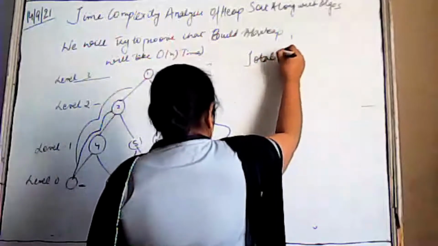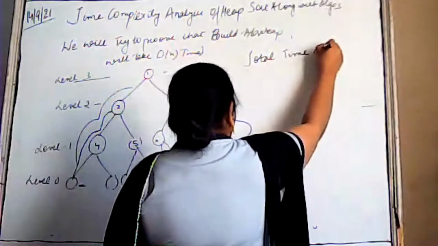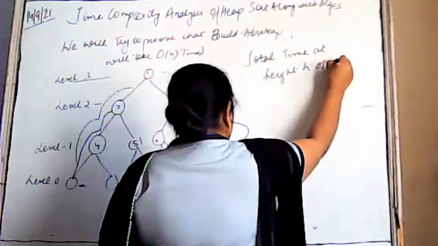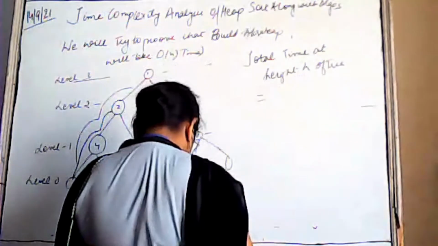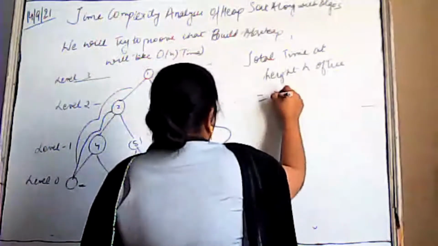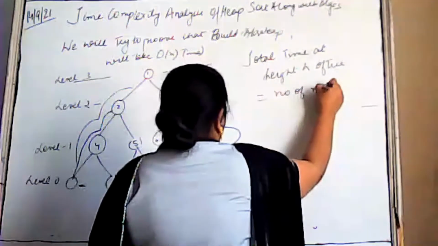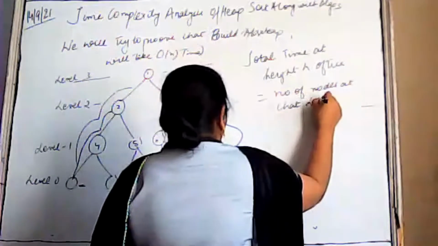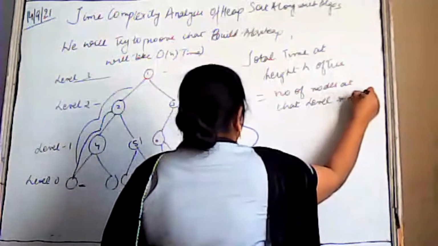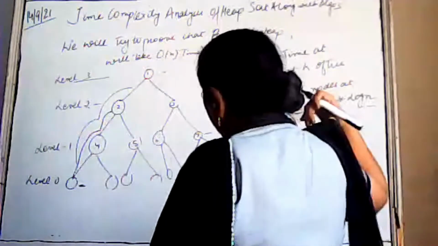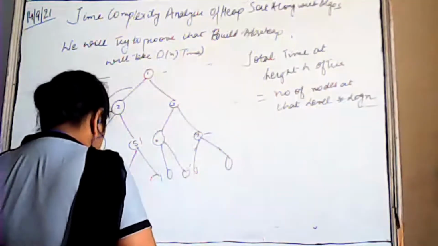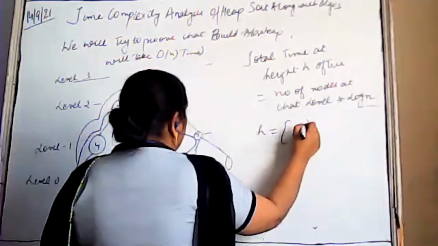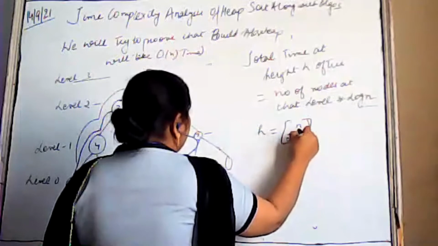Total time at height h of a tree is equal to number of nodes at that level multiplied by log n. So see, this is given by the formula: n upon 2 raised to h plus 1.